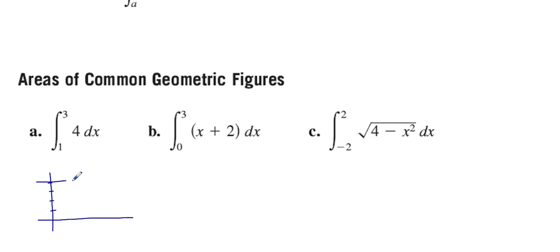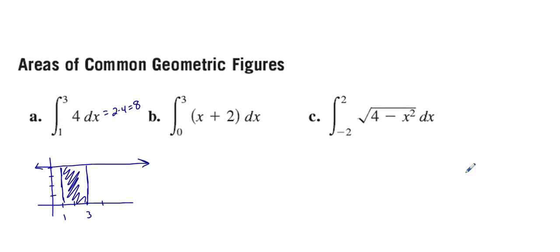We need to find the area from 1 to 3. That means we're finding the area of a rectangle, right? So what would the area be? Well, 2 times 4 is 8. Width is 2, height is 4. And that'd be units squared, obviously.